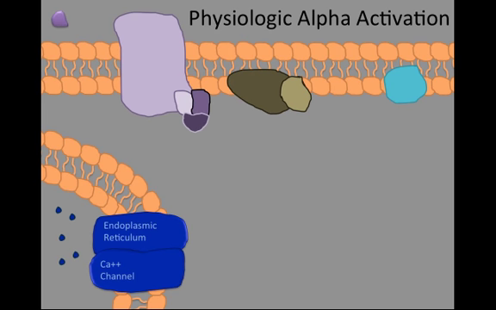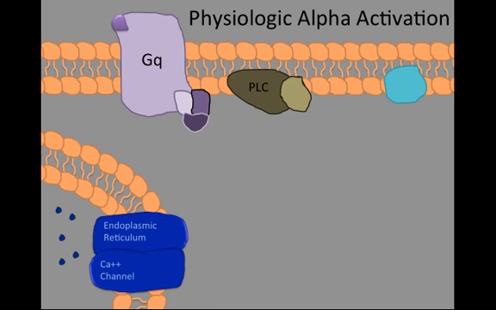Alpha-1 receptors are linked to the primary messenger phospholipase C, a transmembrane enzyme. G-coupled protein receptors that are linked to this enzyme are termed GQ-coupled protein receptors. Ligand binding to a GQ-coupled protein receptor activates the intracellular G protein.